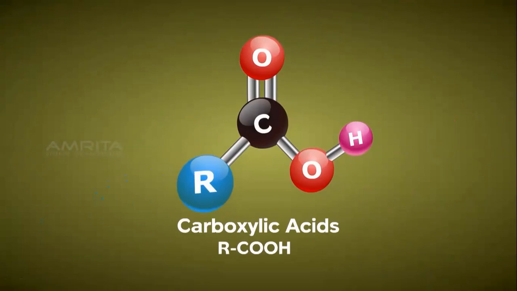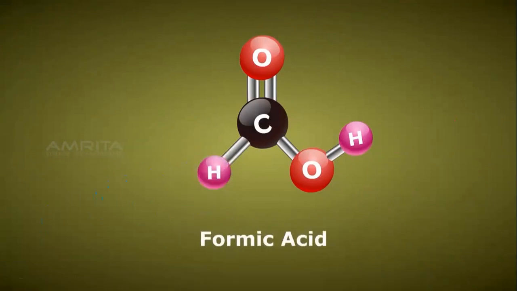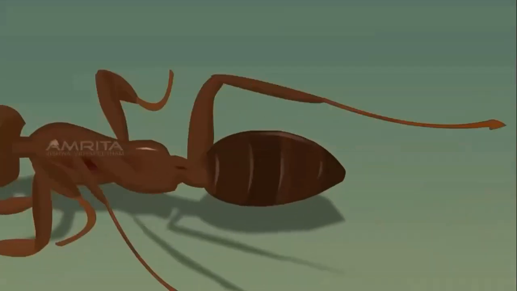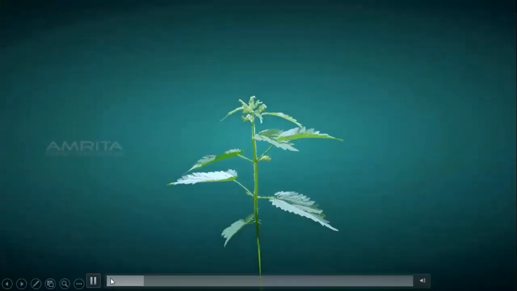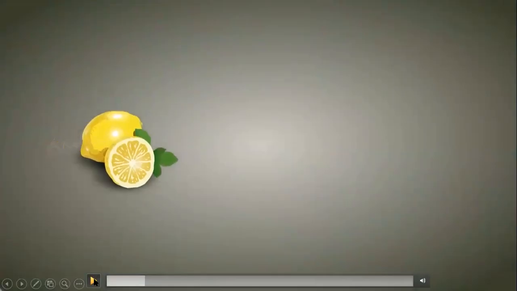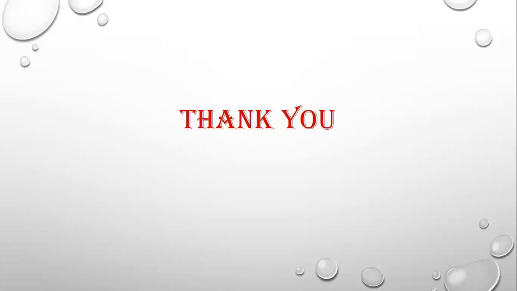Carboxylic acids are a very important class of organic compounds. The simplest is formic acid. Formic acid is found in ant sting and in all citrus fruits like lemon.